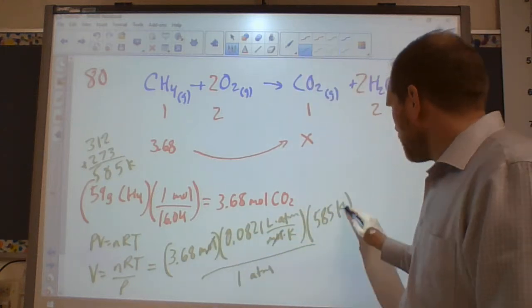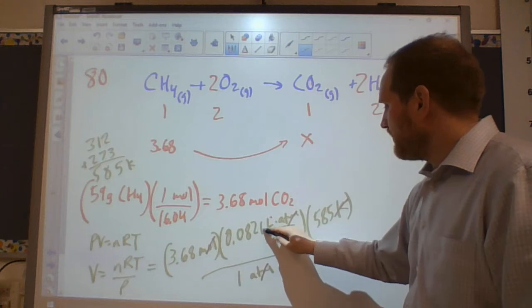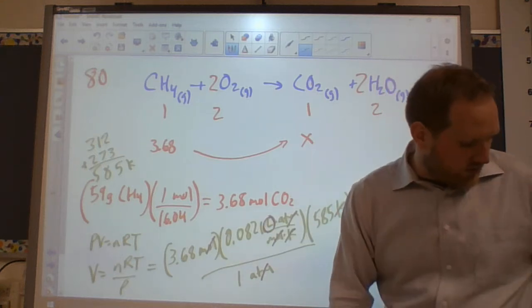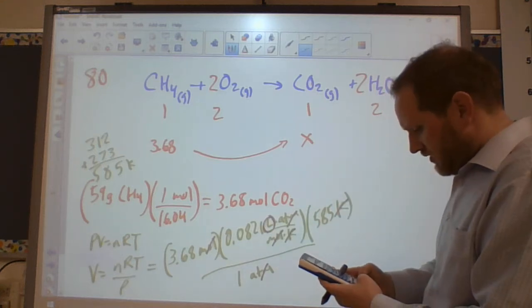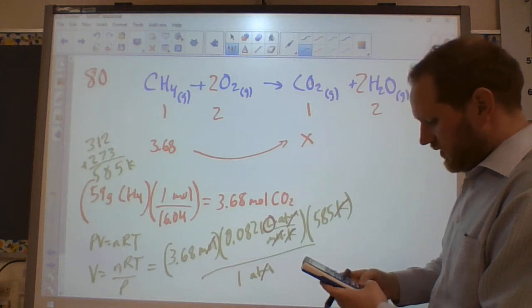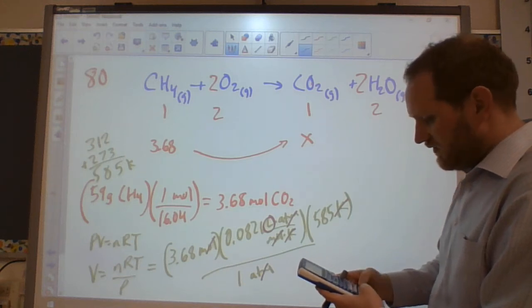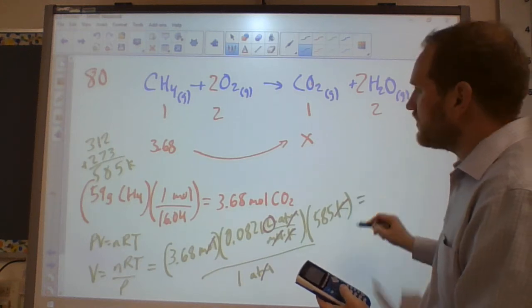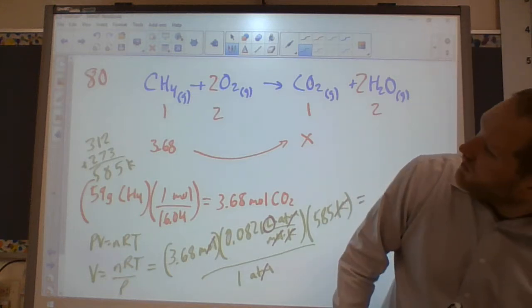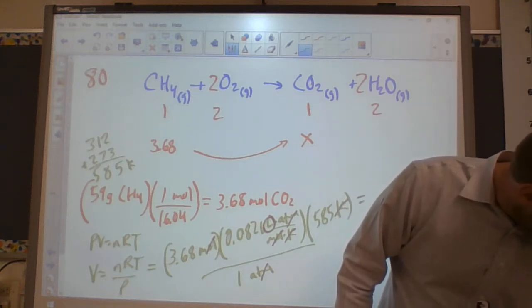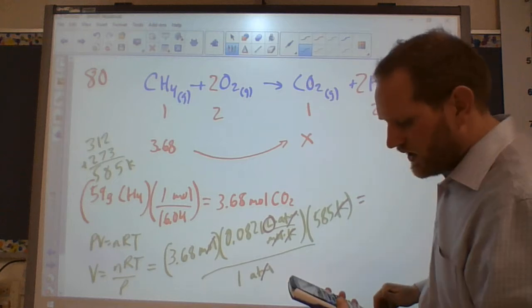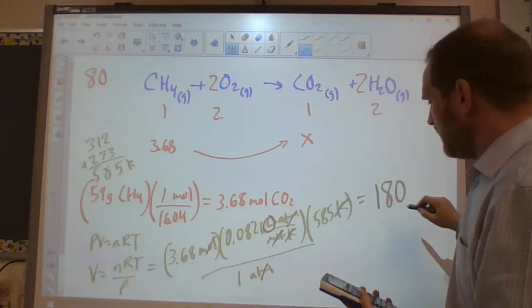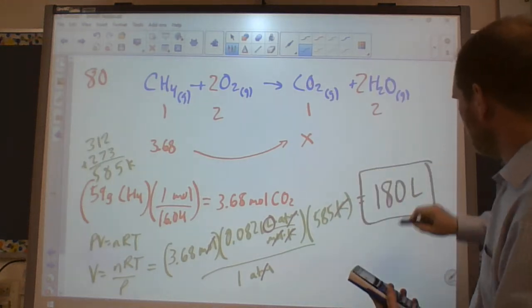Mole cancels mole, Kelvin cancels Kelvin, ATM, ATM. We're left with liters, which makes sense. Let's see what we get. 3.68 times 0.0821 times 585 divided by 1 with 3 sig figs. Question 80. 2 sig figs, 180. And the unit is liters.